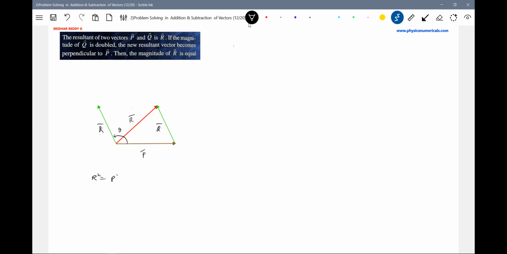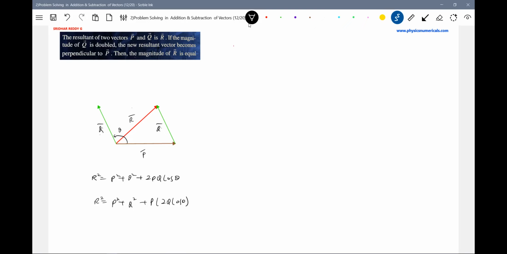You can write R square equal to P square plus Q square plus 2PQ cos theta. The magnitude of R is equal to what? We have to get that magnitude. So this much of information is what we have here.